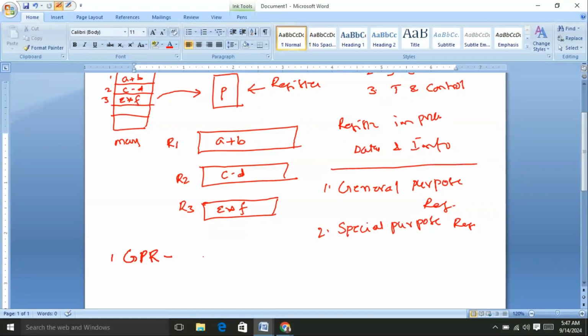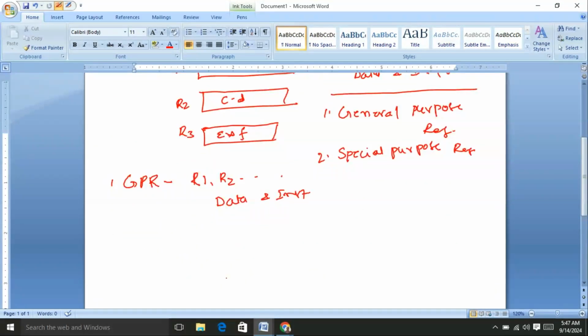The general purpose registers are represented by the capital letters R1, R2, and so on. These are storing the data and instructions. The special purpose registers, I will call them SPR, have names like AR, PC, and DR.